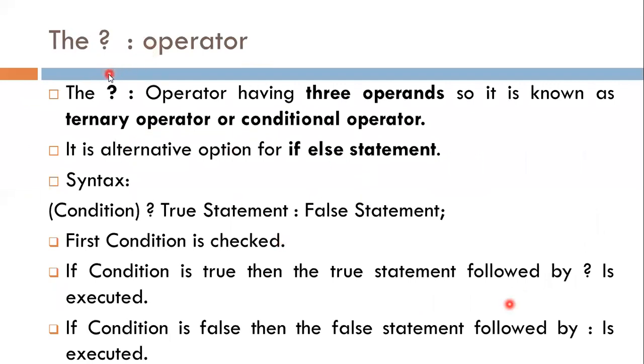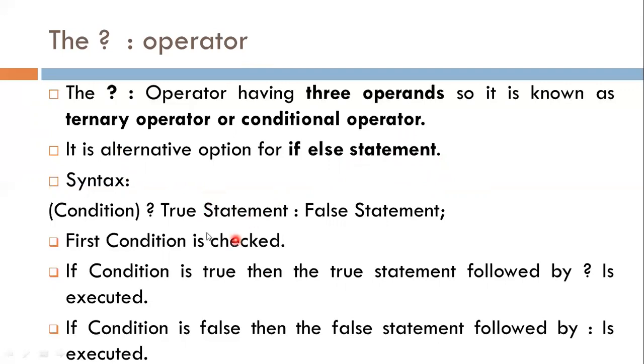Now the next is an operator: question mark colon. This operator has 3 operands, so it is known as the ternary operator or conditional operator. This is an alternative option for the if-else statement. The if-else statement is used when we have only 2 possibilities.